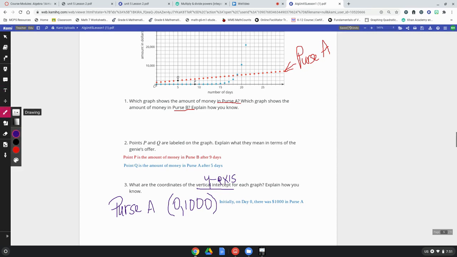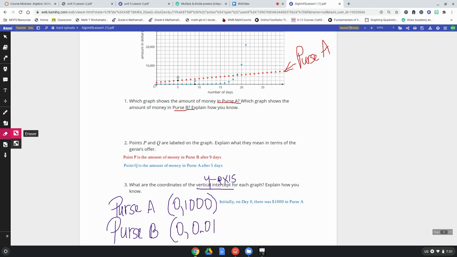But that doesn't matter. You need to think about what the y-intercept means. And it means the amount of money initially. And we know that that was 1 cent. So we're not going to write it as 1 though, since the amount is in dollars. So 1 cent, of course, is $0.01. So that is what we're going to write.